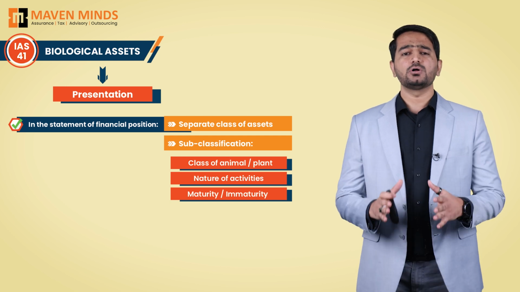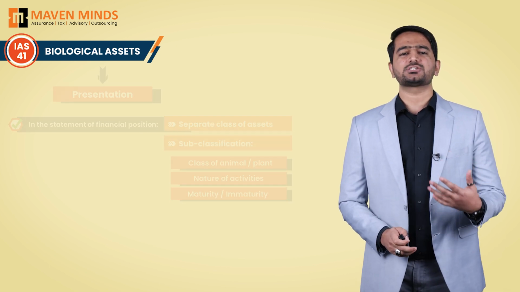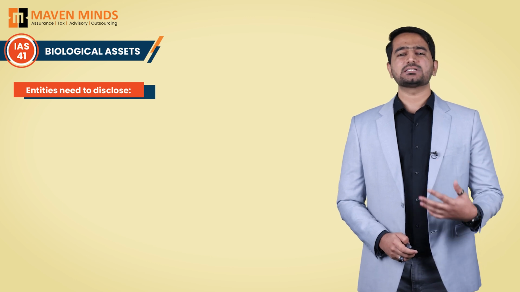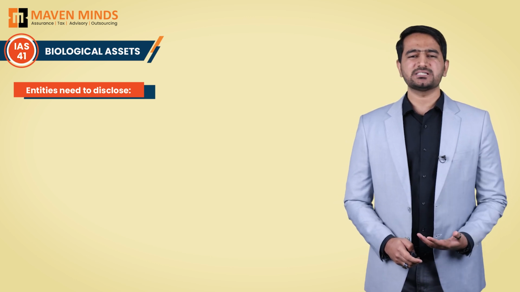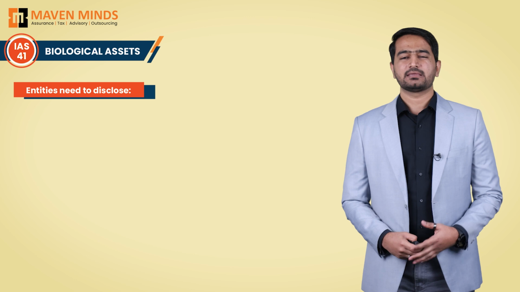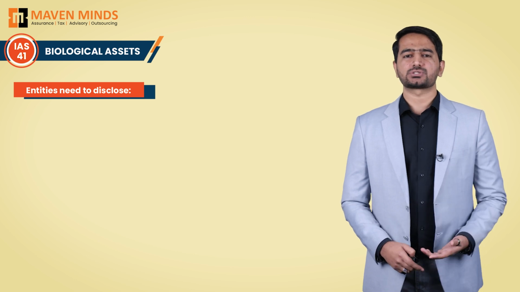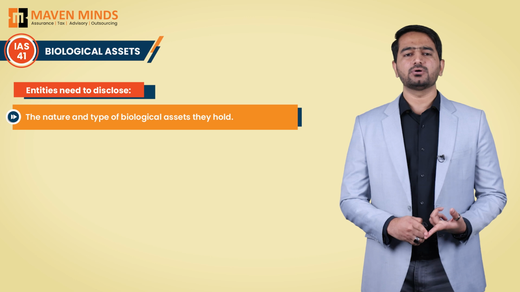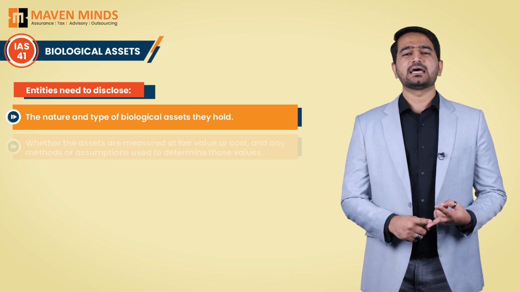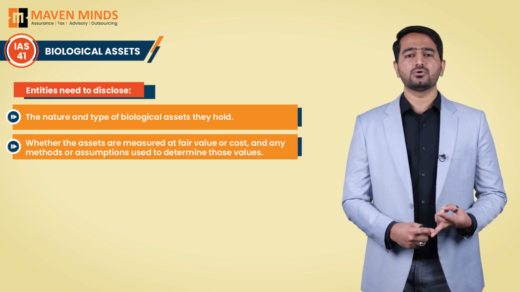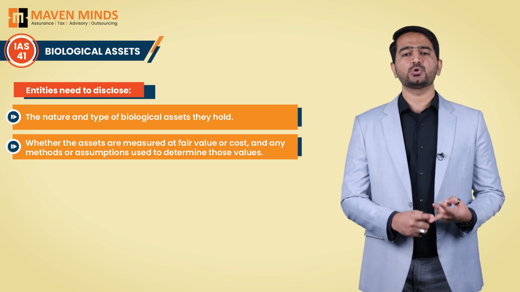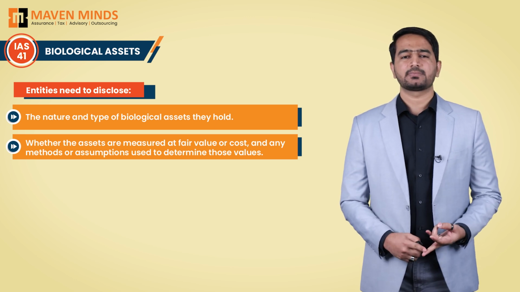IAS 41 also places a heavy emphasis on disclosures, and rightly so, because agriculture involves complex judgments and estimates. Entities need to disclose the nature and the type of biological assets they hold, whether the assets are measured at fair value or cost, and any methods or assumptions used to determine those values.